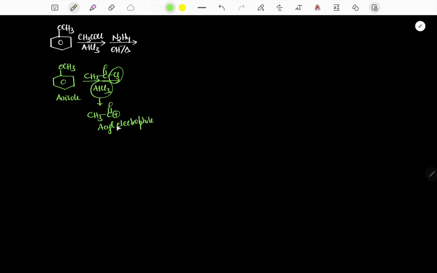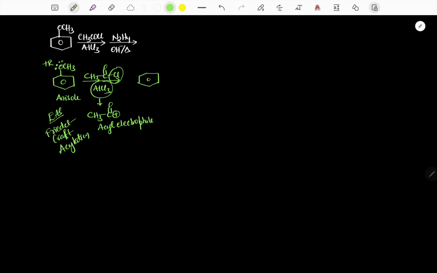So aromatic compound and electrophile, electrophilic aromatic substitution, and this reaction is known as Friedel-Crafts acylation. And since it is an OP directing group, because of plus R, it acts as an ortho-para directing group.